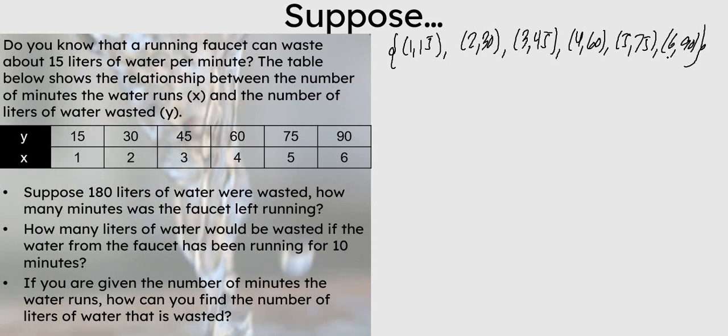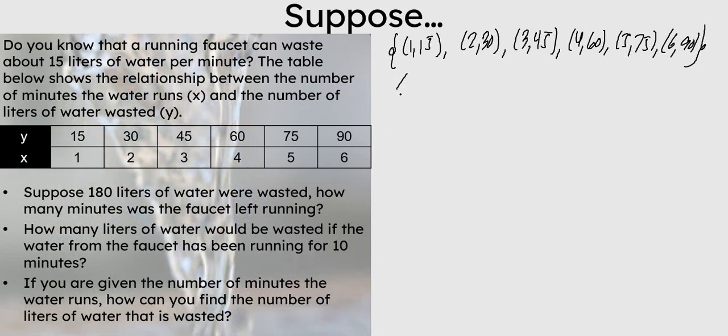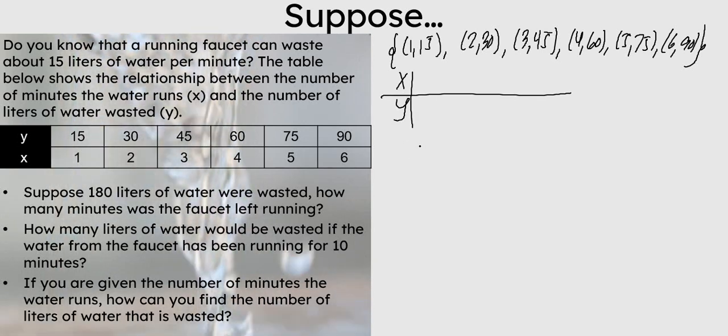You can also write it in any way that you want. You can also write it with a table that has the x on top, or you can write it as a mapping. And we will do that also. So we'll have 1, 2, 3, 4, 5, 6. Then we'll have y here, 15, 30, 45, 60, 75, 90.